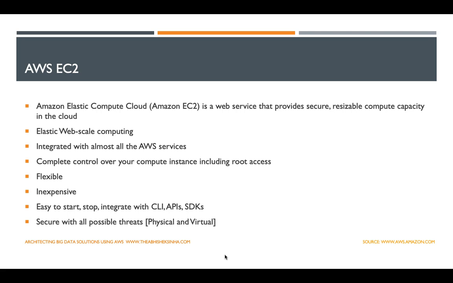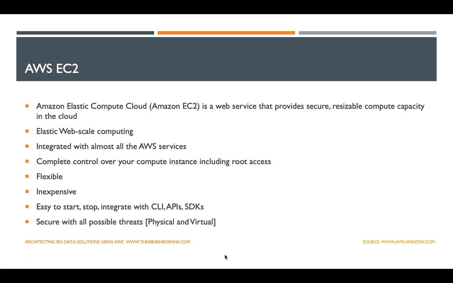As and when the need arises, you can increase their compute as well as the memory, and they can scale as per the need. It is easy to start, stop, and integrate, and you can always access these machines using command line interface, APIs, and SDKs.